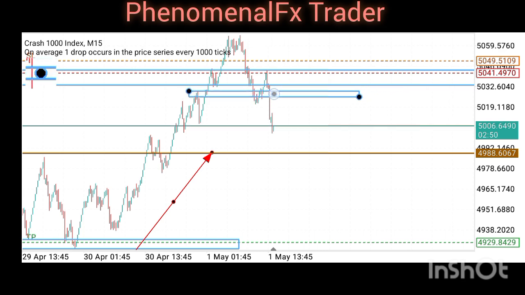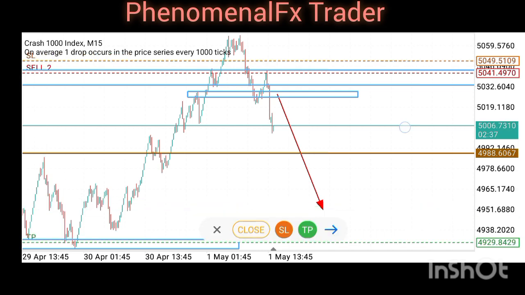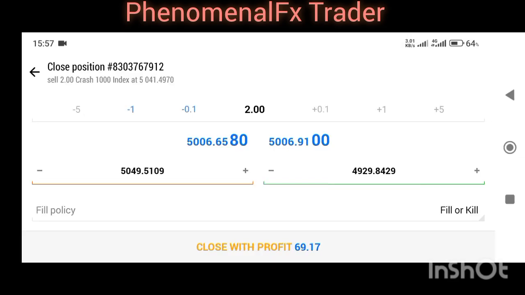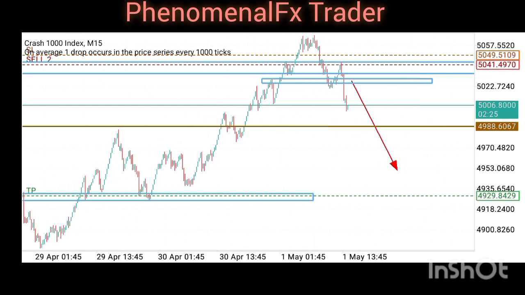It continues spiking, and this time around, if it starts spiking again, it will go below the current level it has gone to. It might come down up to this level, and that will still be massive profit, over $100 at that time. So currently the trade has reduced to about $69 profit and is still running, so we are expecting it to do more.